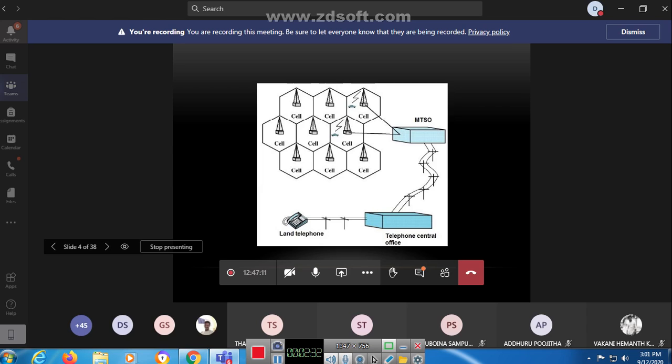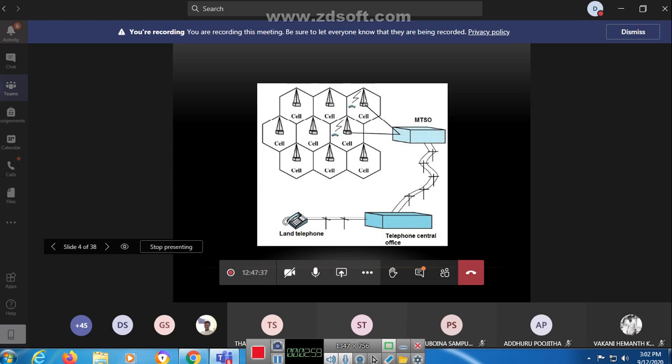This telephone central office is considered for landline or cell network, whatever it may be. It is the basic requirement for communication from mobile or cell to landline, likewise anyone. So it requires one base station, mobile switching office and central office.